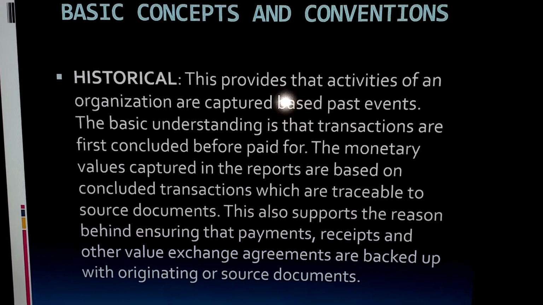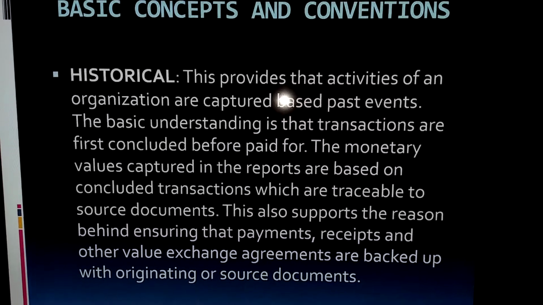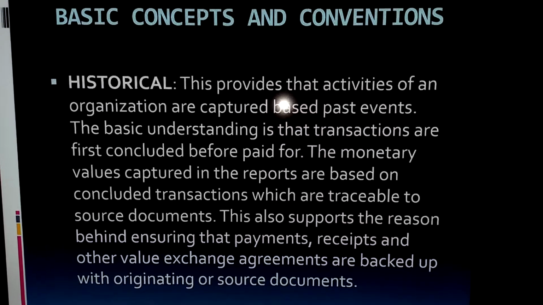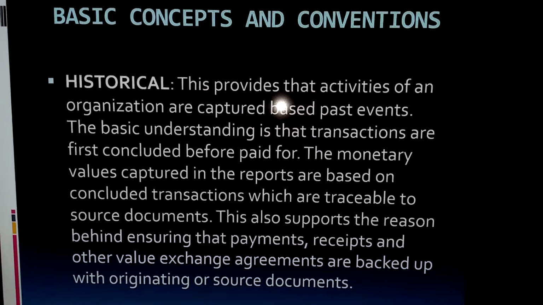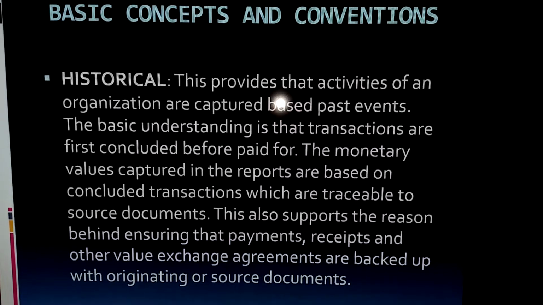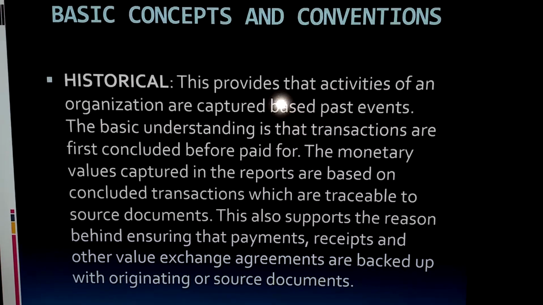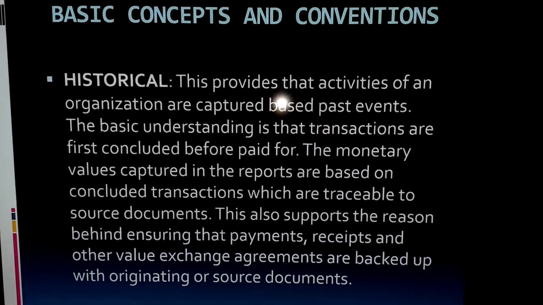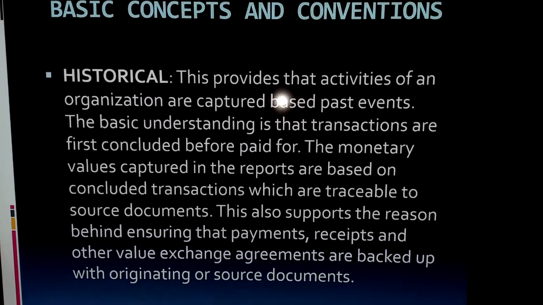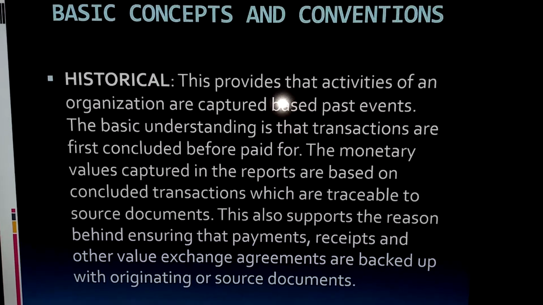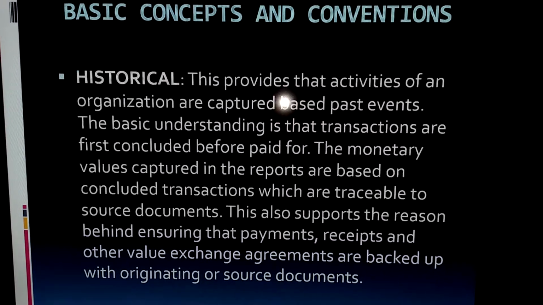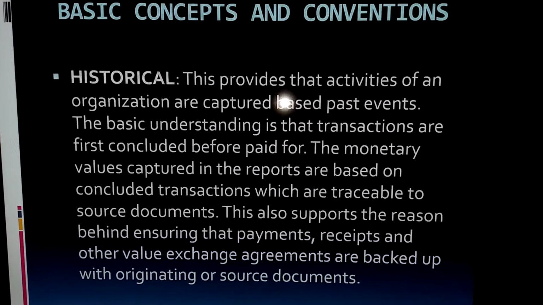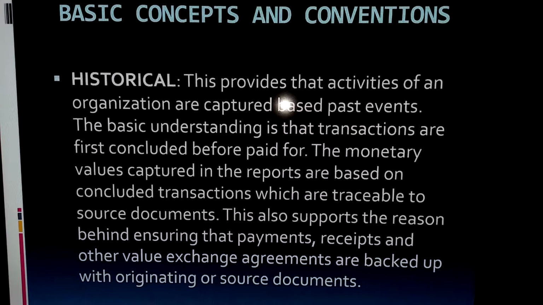So this concept is the reason why accountants will always require documentary evidence before treating a payment or concluding a transaction, because they have to be guided by the historical concept.